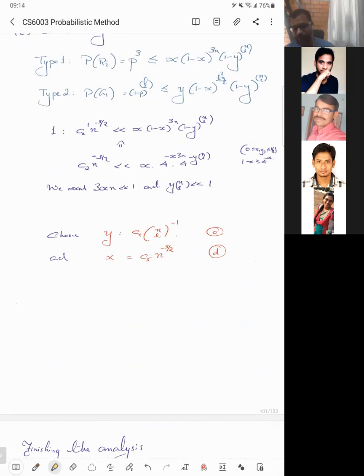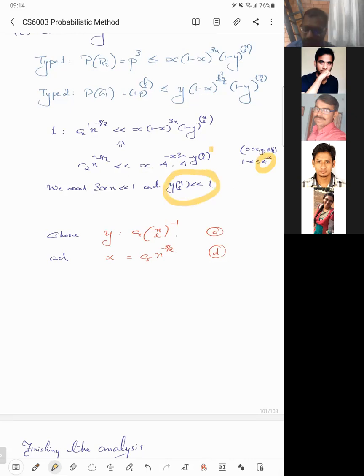Your y is something which can make this term a constant. To make this a constant, you can lower bound 1 minus y by 4 to the power minus y, so that you get something like 4 to the power minus y.